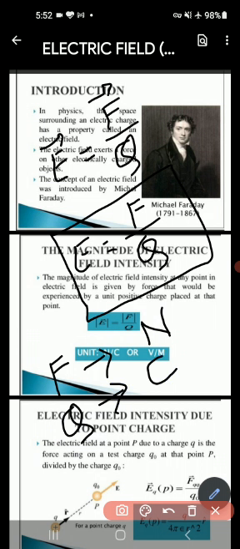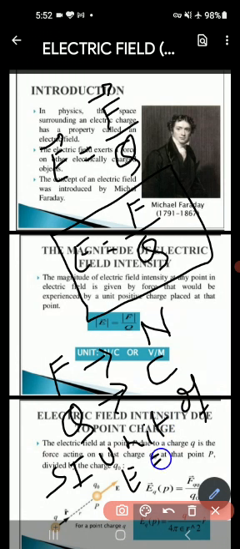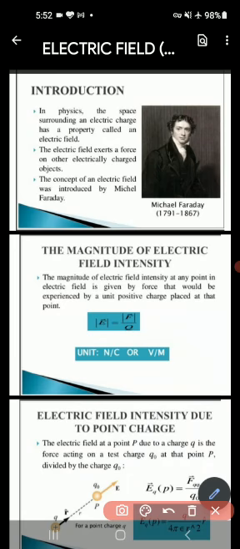So, the SI unit of electric field intensity is Newton per Coulomb, or you can say Newton Coulomb to the power minus 1, and this is the SI unit of electric field intensity. Its another unit is volt per meter.